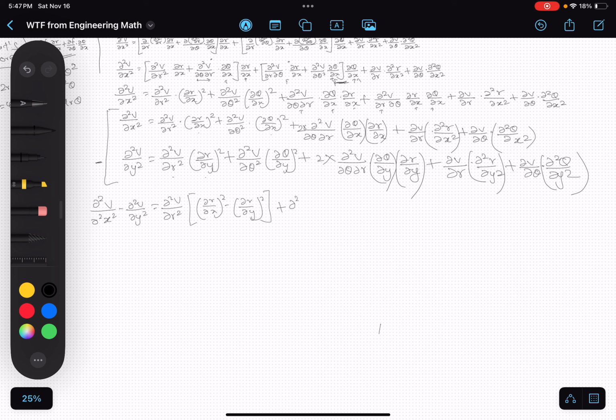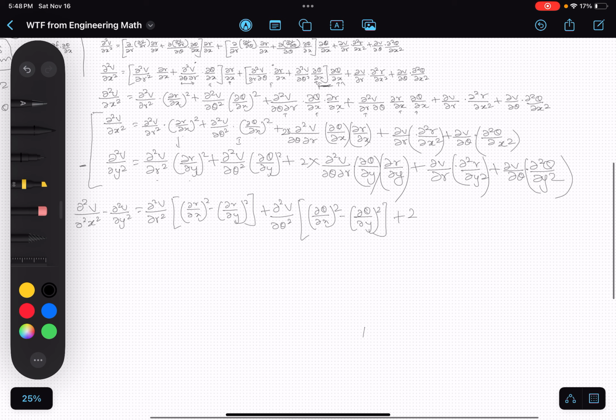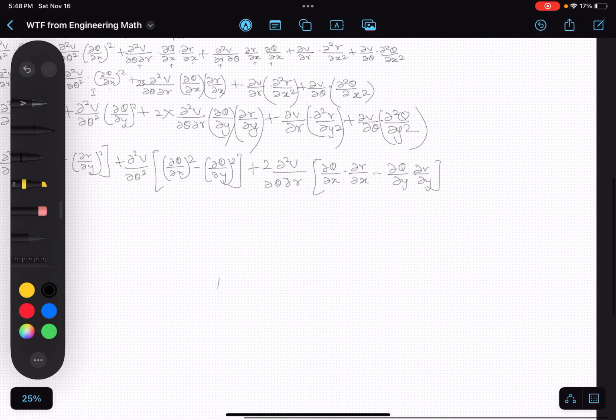Similarly, in partial b by partial theta square, we will have partial theta by partial x square being subtracted with partial theta by partial y square, right? I'm just going term by term. Again, for 2 times partial square b by partial theta partial r, we will have partial theta partial x times partial r partial x minus partial theta partial y times partial r partial y, right?